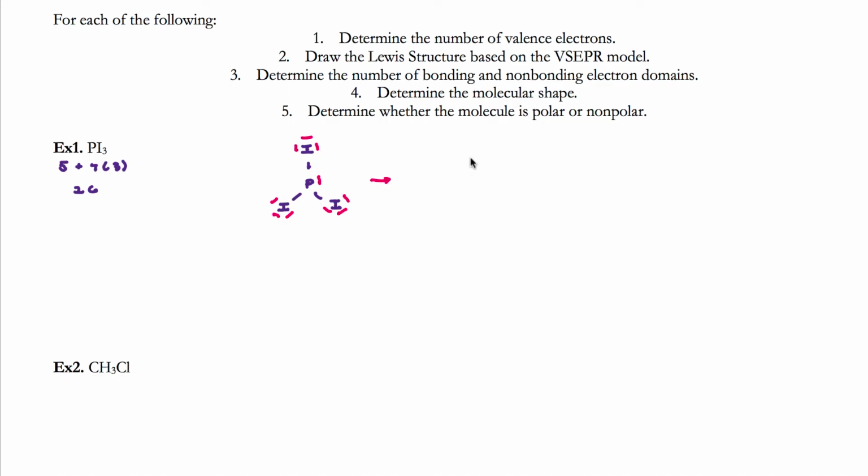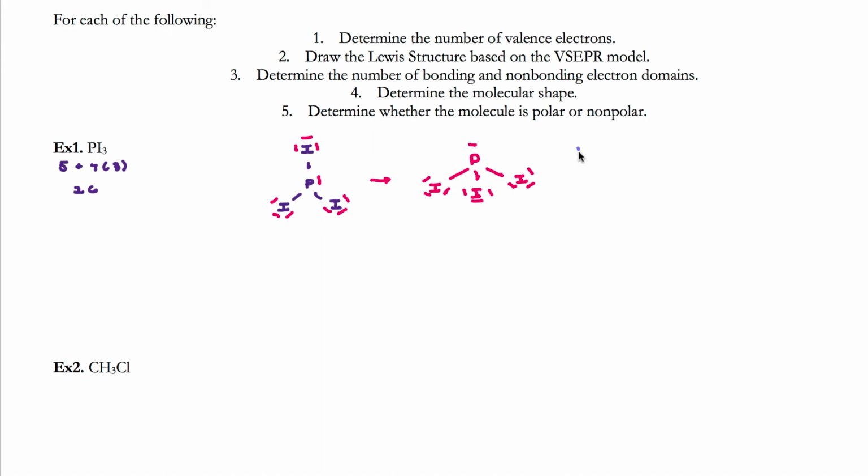So what you just saw looks like this, to the best of my ability. This is the Lewis structure based on the VSEPR model, telling us that electrons are going to repel each other and molecules will take whatever shape will minimize those repulsions. So I've completed step number 1, step number 2. Then it says determine the number of bonding and non-bonding domains.